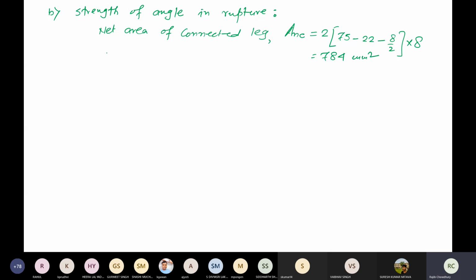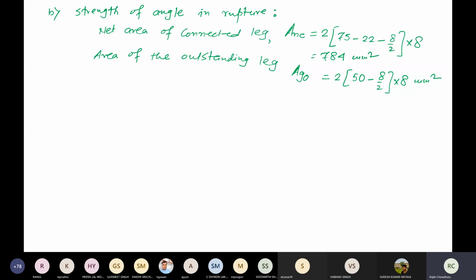Now the net area of the outstanding leg, or the unconnected leg, which is becoming Ag0, is equal to 2 times 50, the length of the unconnected part, minus 8, multiplied by 8 mm², it would become 736 mm². So this protocol is the same as we have done in example 1.